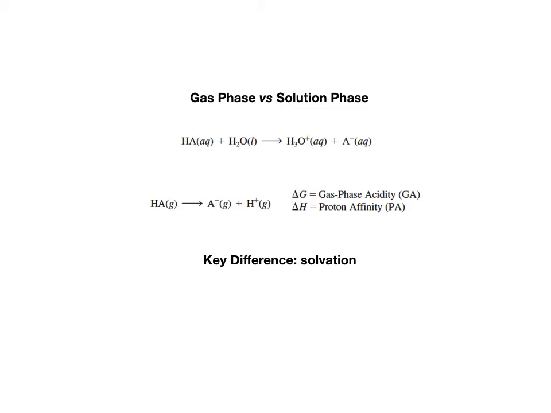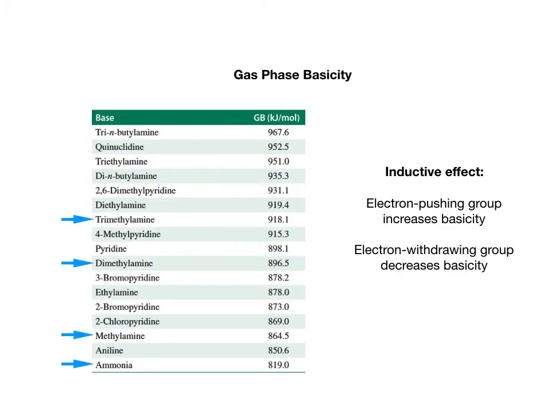All right, now let's look at a couple of examples of gas phase basicity. This table is taken from the text. It lists a bunch of base molecules and the corresponding GB value. GB is similar to the GA value we discussed in the previous slide.